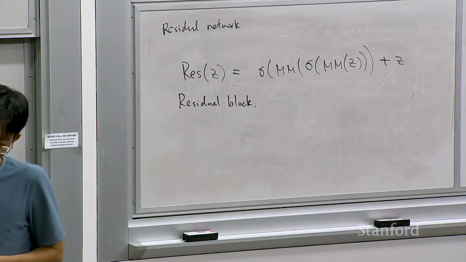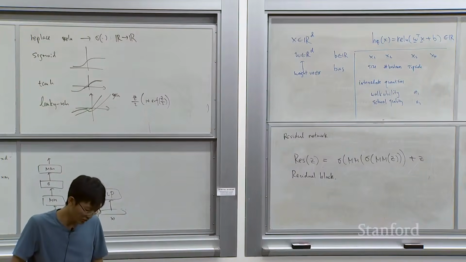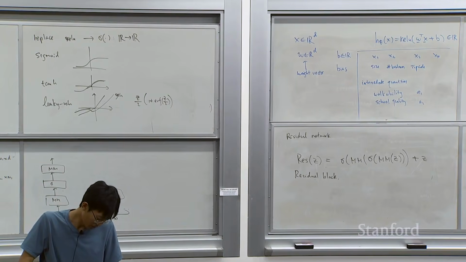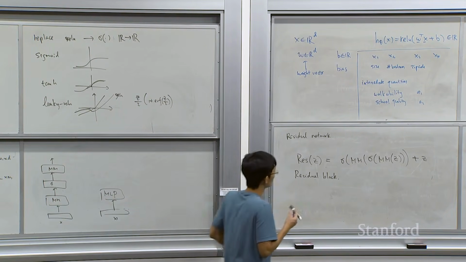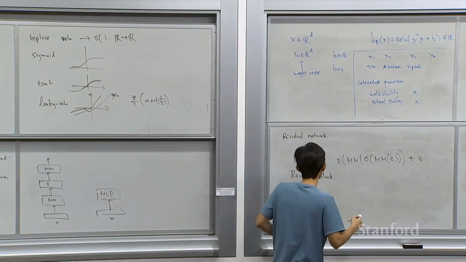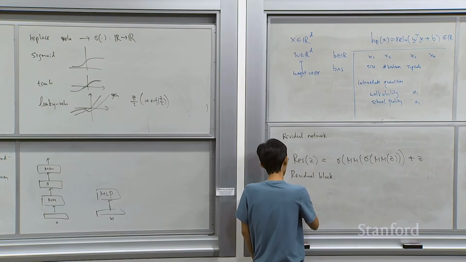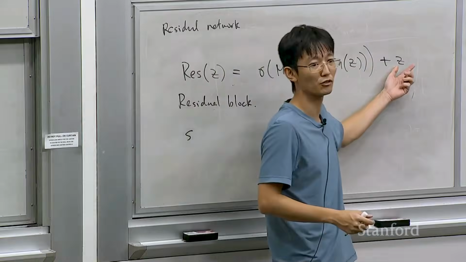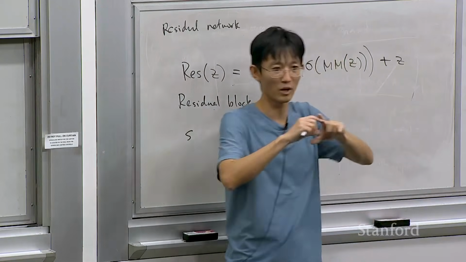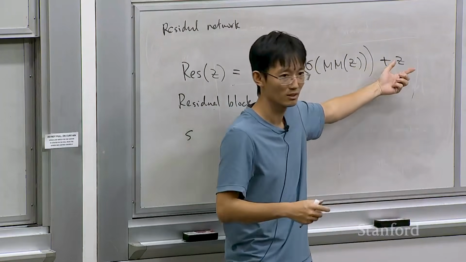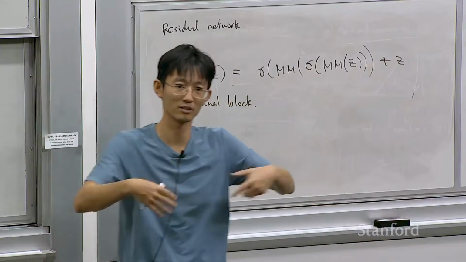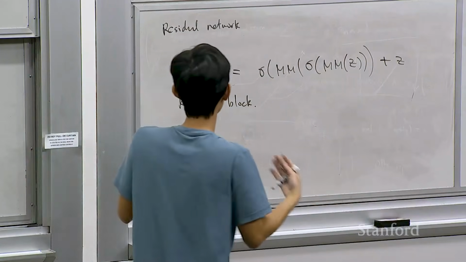This was introduced in 2015 in the very famous residual network paper. By the way, this Z doesn't have to be our original raw input. It could be an intermediate layer, and then you apply this residual block, and you can actually apply many residual blocks.